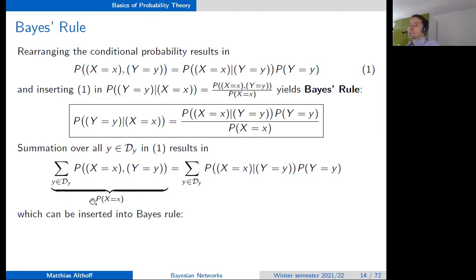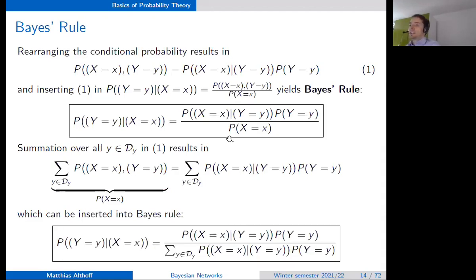Because of marginalization, that returns the probability of x. The probability of x being x can now be inserted here and replaced with this formula, so that we obtain this formula here.